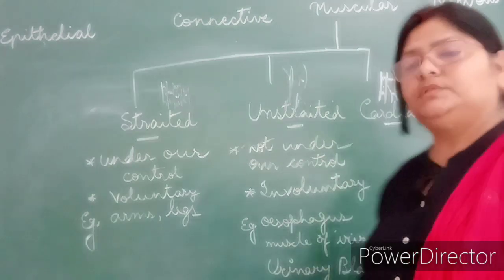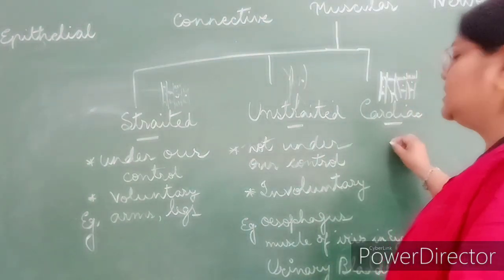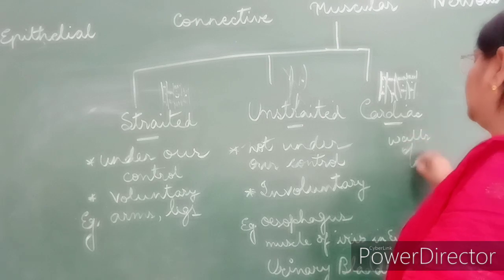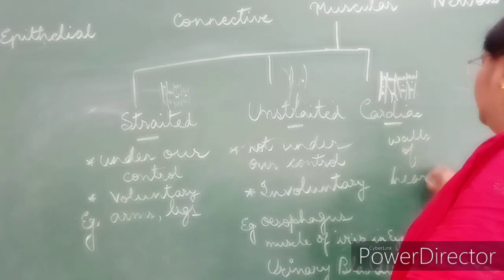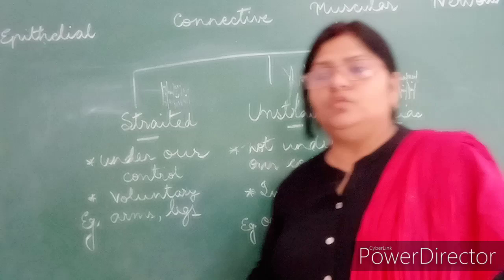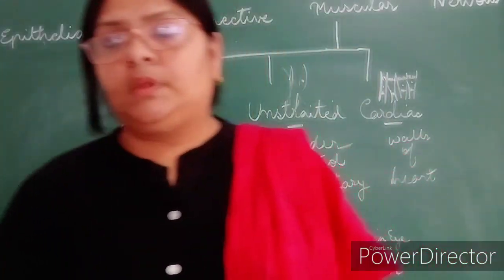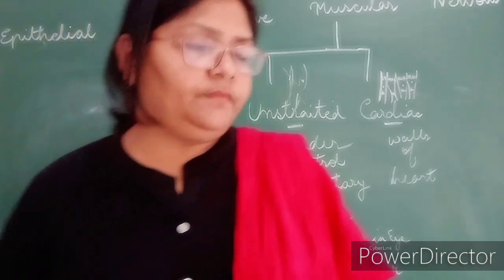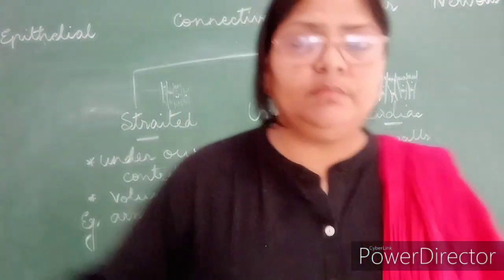Okay, so this forms the cardiac muscles. Where are they present? In the walls of the heart only and nowhere else. Okay, so these are the three types of muscles found in animals.